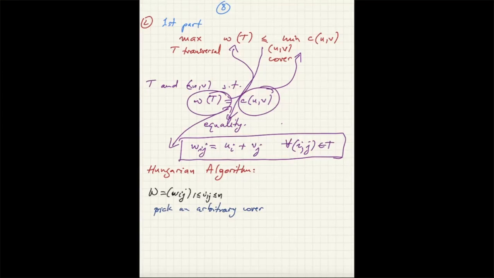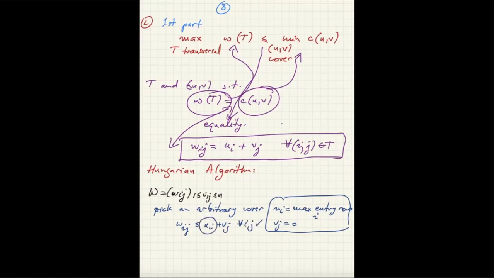You can choose for the rows ui to be the max entry in row i, and for vj you can put it to 0. You can switch them around, but that's one cover. It clearly satisfies wij is less than or equal to ui plus vj for every ij. This is true because ui always beats wij for this initial cover.